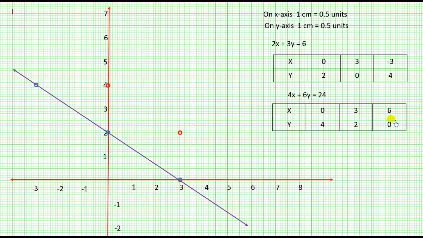Now the third set is x is 6, y is 0, so the point will be plotted here. Now we have got the 3 points on the graph. Draw a line passing through these 3 points, and the line will be like this.